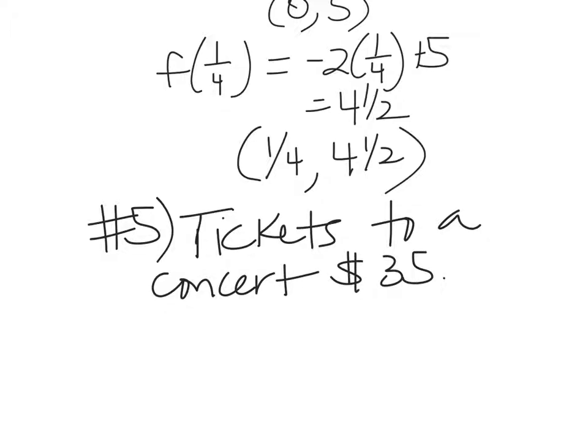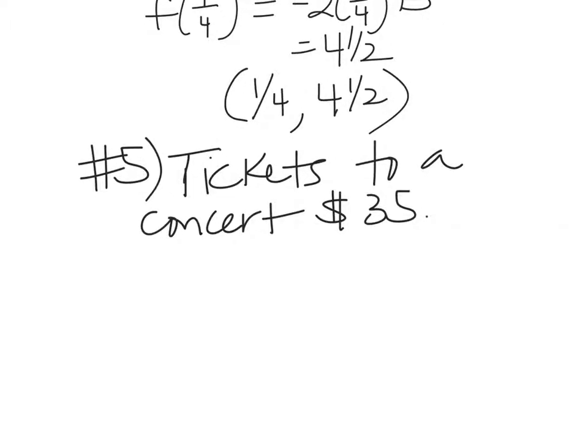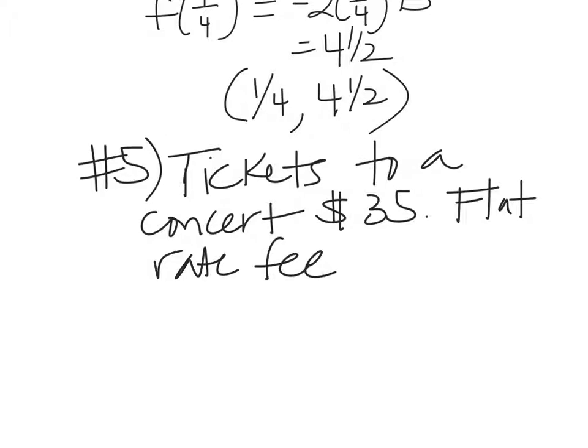But you're going to go on one of those sites like StubHub or SeatGeek or whatever they're called, and there's going to be some kind of handling fee. Usually it's per ticket, but they're going to give you a flat rate handling fee. We'll just call it a fee of $2.50. That's cheap. These places cost a lot.